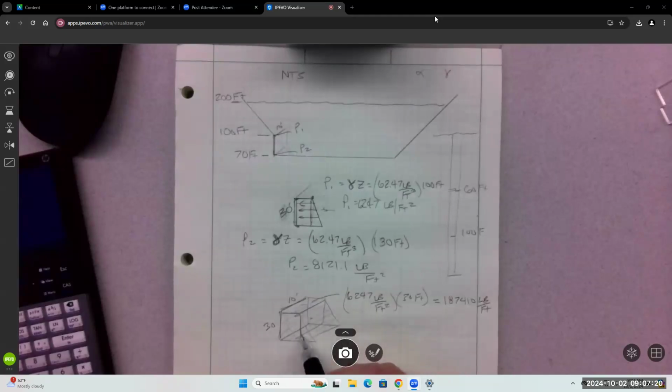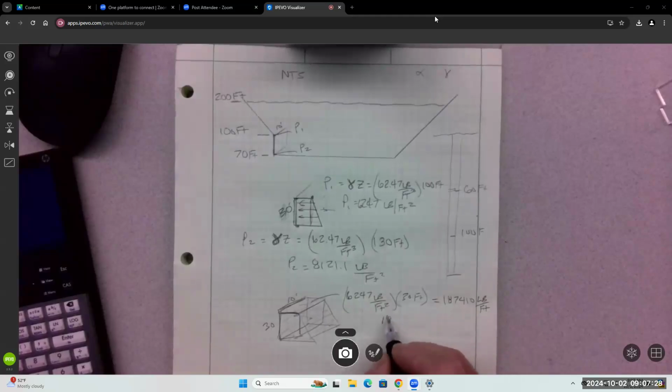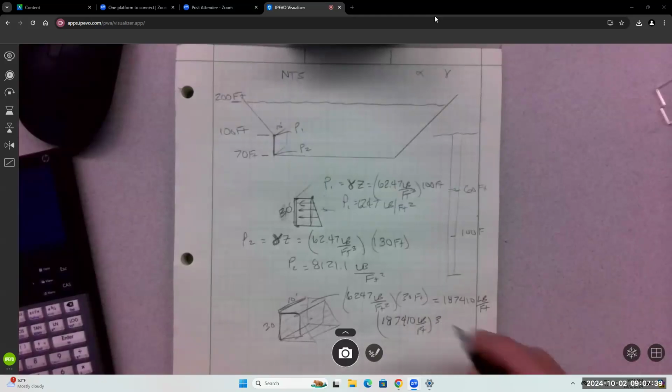This is our cube. This one's a pressure, length, and a length. So we have to multiply our 187,410 pounds per foot times 10 feet.